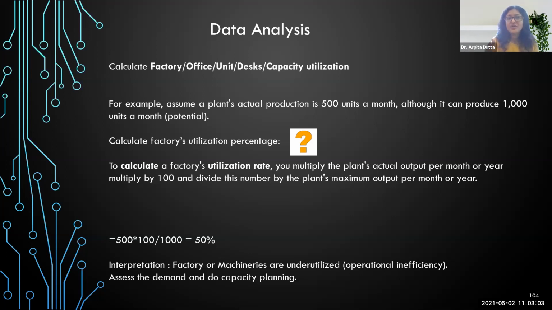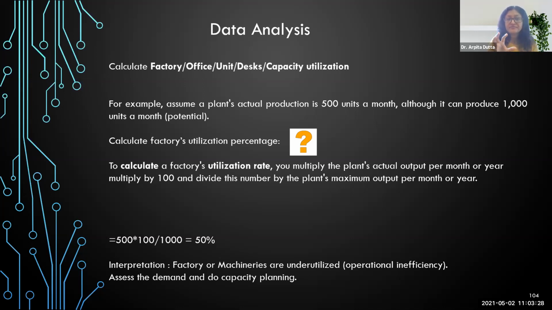So that's the utilization of those 5 units. Likewise, if it is generating 50%, then the state government or government will decide how we can increase the capacity, how we can increase the utilization rate.